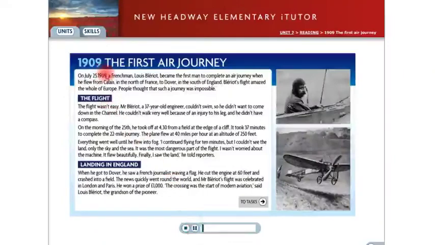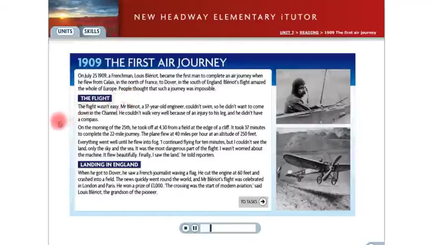On July the 25th, 1909, a Frenchman, Louis Blériot, became the first man to complete an air journey when he flew from Calais in the north of France to Dover in the south of England. Blériot's flight amazed the whole of Europe.